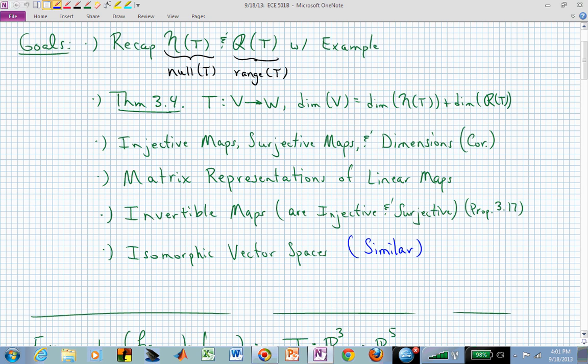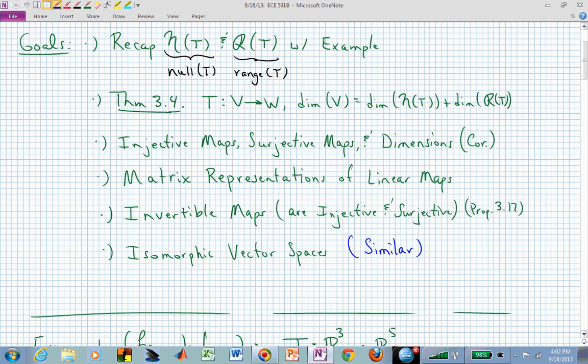It's really saying the dimension of your domain can be separated into 2 pieces. The dimension of the null space of T, which if it's trivial, will be 0, and your entire domain's dimension will be equal to the dimension of the range of T of your operator.